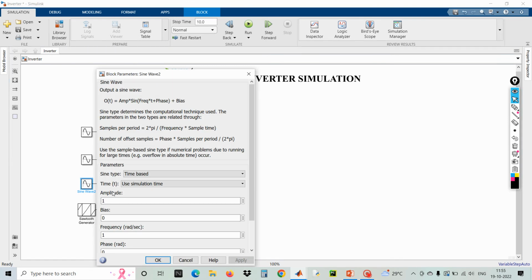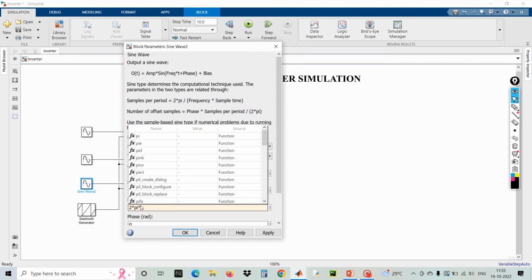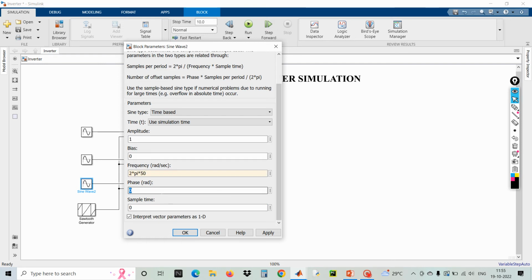Take the third one. Here also amplitude is 1, bias is 0, frequency is the same, 2 into pi into 50, and the phase I'm going to give is positive 2 into pi divided by 3.